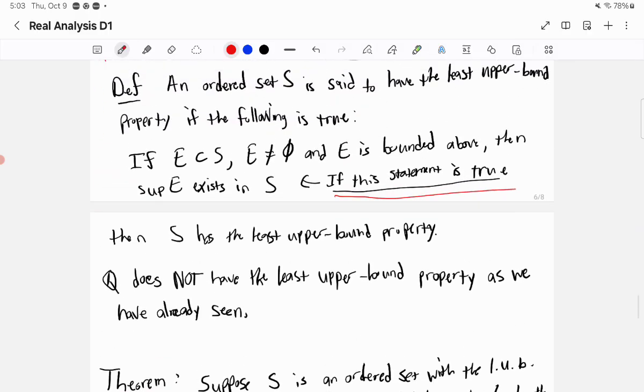So we can say, by definition, an ordered set is said to have the least upper bound property. That means it has a supremum if the following is true. We say if E is a subset of the set S, E is not empty, so we have this property.